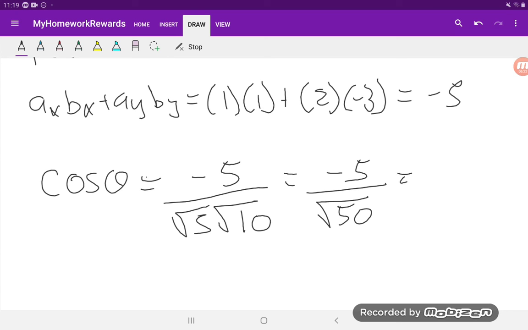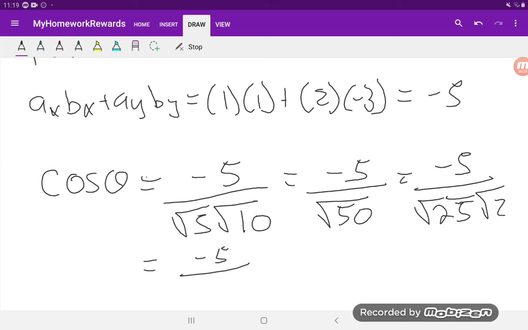And then we can also break them apart using a perfect square. So 25 and the square root of 2, which gives us minus 5 over the square root of 5 is 5, and square root of 2. And these cancel out to give us minus 1 over root 2.